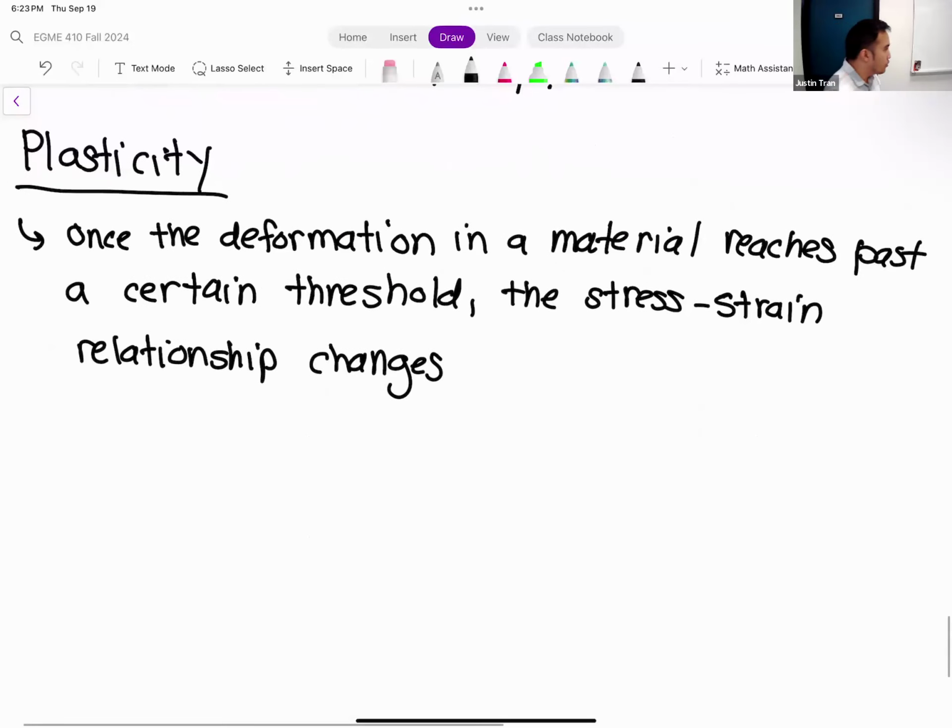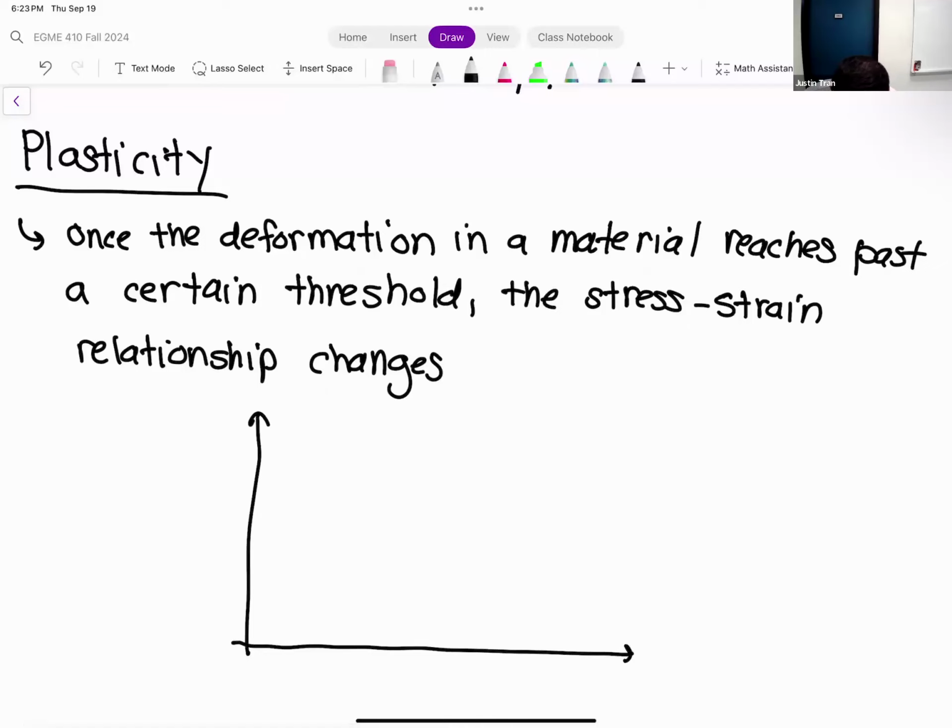And so, you've probably all seen this curve as well, right? For most materials, strain, stress. So for most materials, and I'm talking linearly elastic materials, the stress-strain relationship is linear up until a certain point, right?